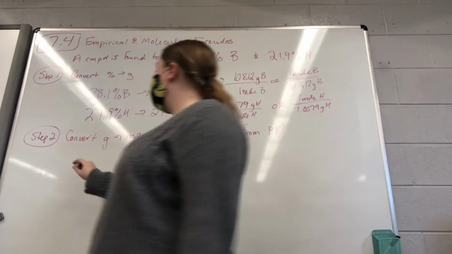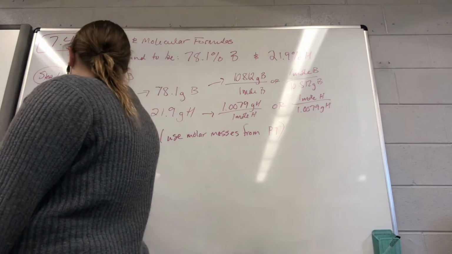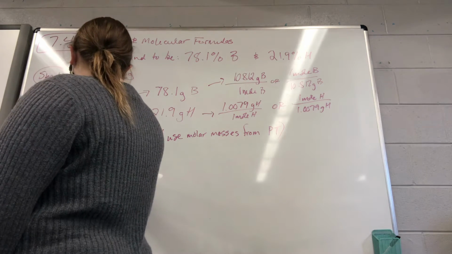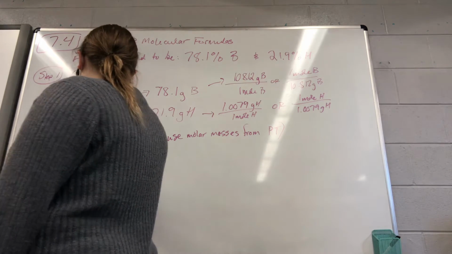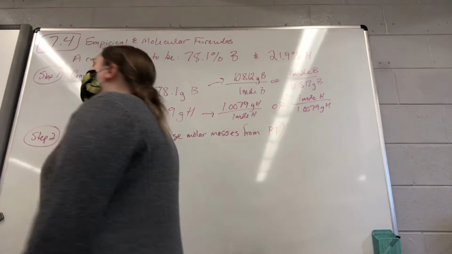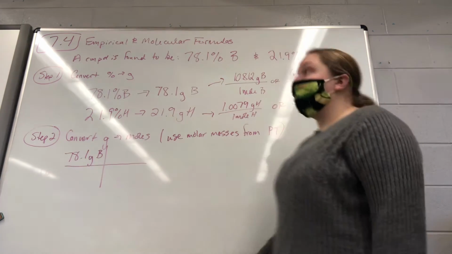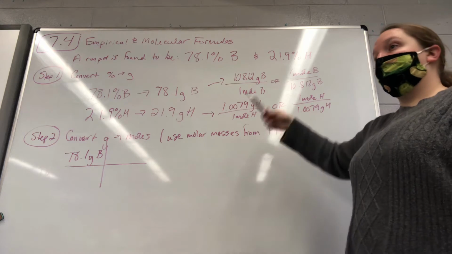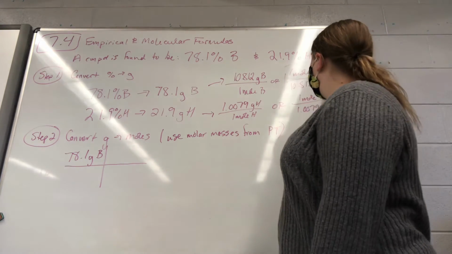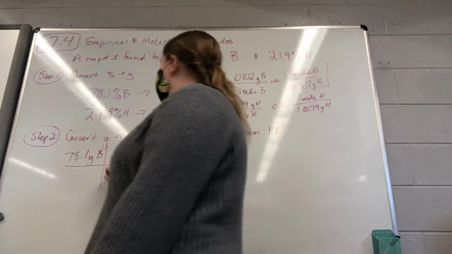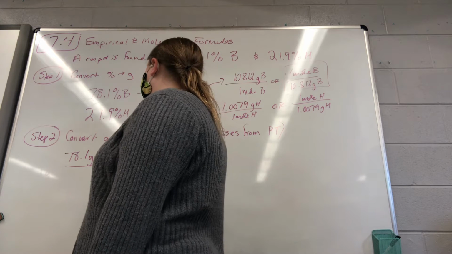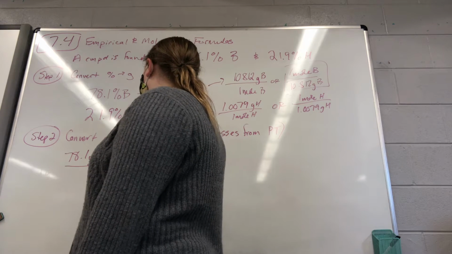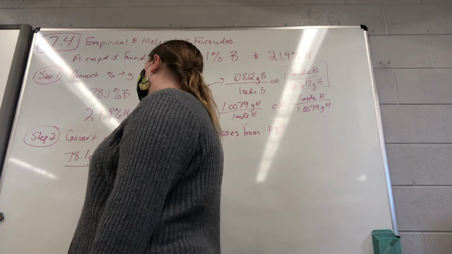Okay, so we're going to do both conversions. To go from grams to moles, should I use the left or the right? The one on the right. So I'm going to put the grams on the bottom and the mole on the top.